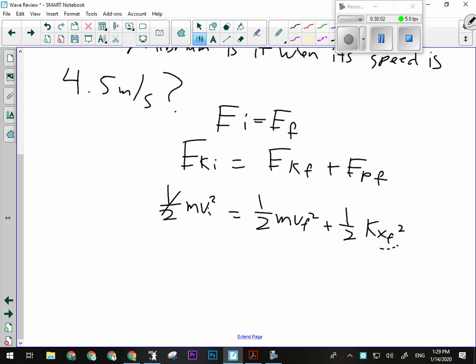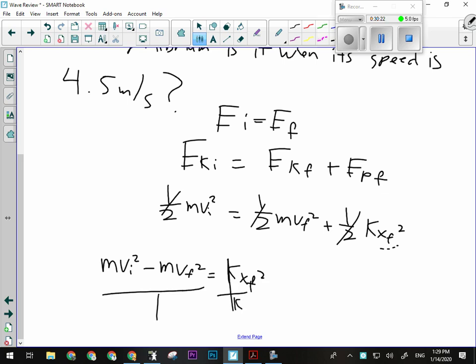Right now I'm going to cancel the halves. It's in every term, so I don't need it. I'm going to bring the final kinetic energy over to this side, so I'm going to have m vi squared minus m vf squared equals k xf squared. Then I'm going to divide both sides by k, and then take the square root.